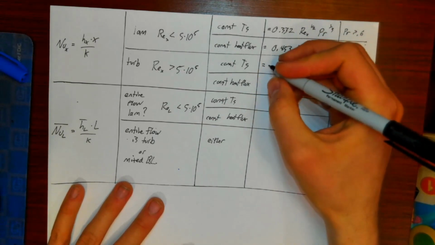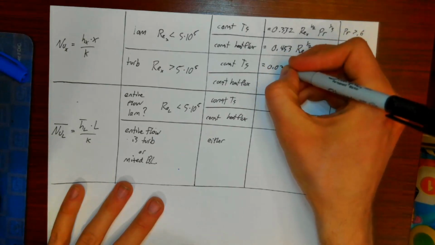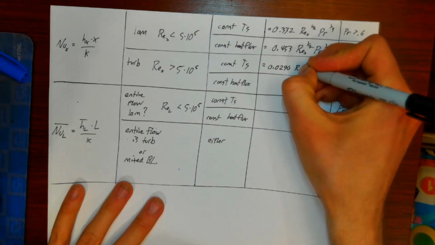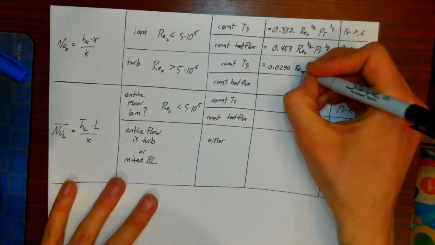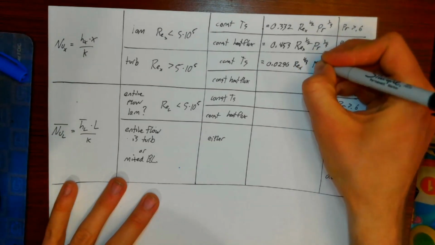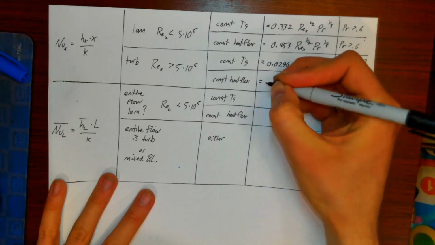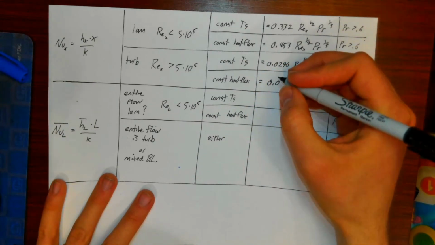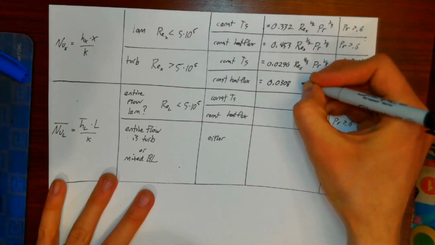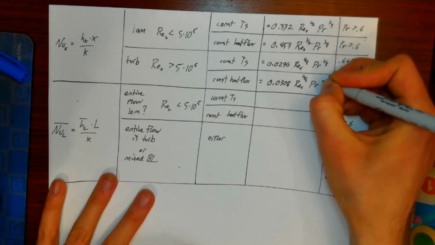This one is 0.0296, Reynolds number to the 4/5, Prandtl number to the 1/3. This one is 0.0308, Reynolds number to the 4/5, Prandtl number to the 1/3.